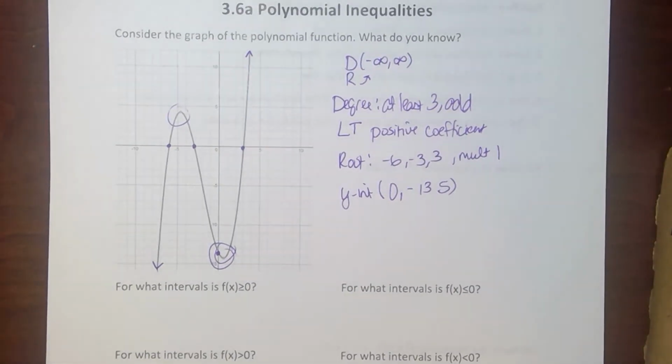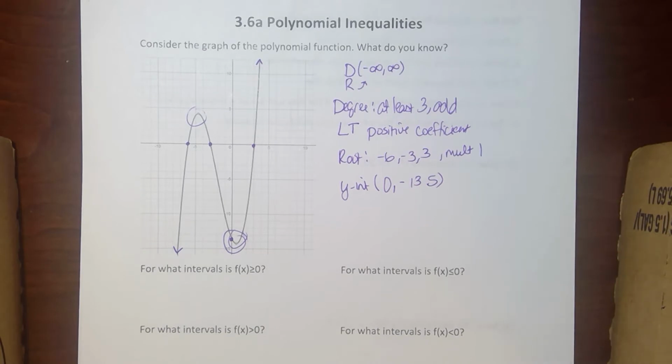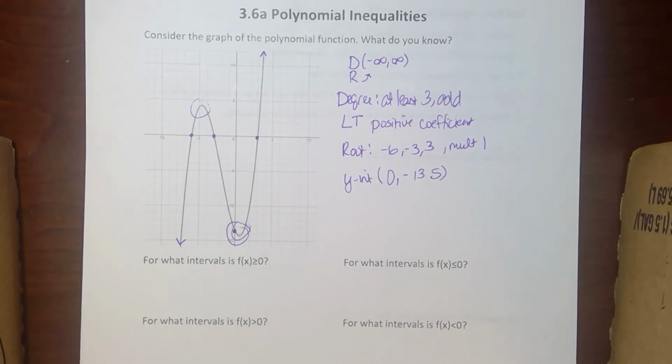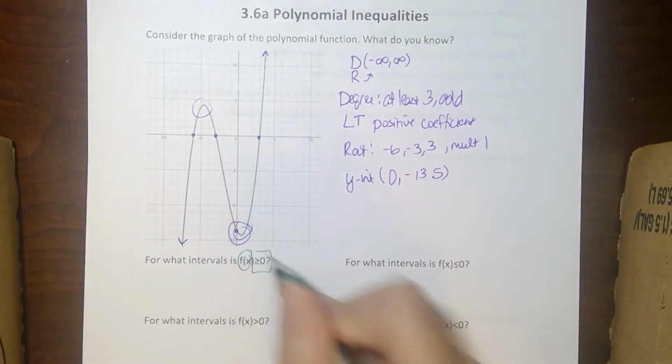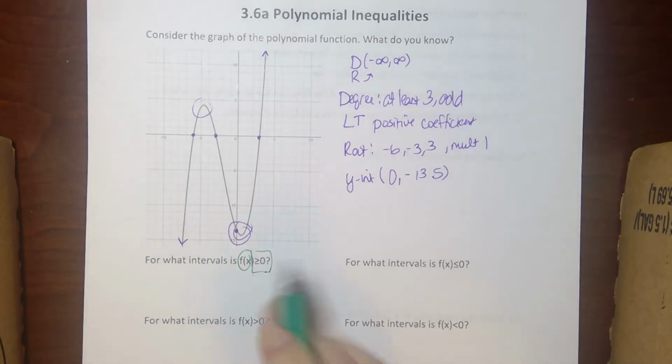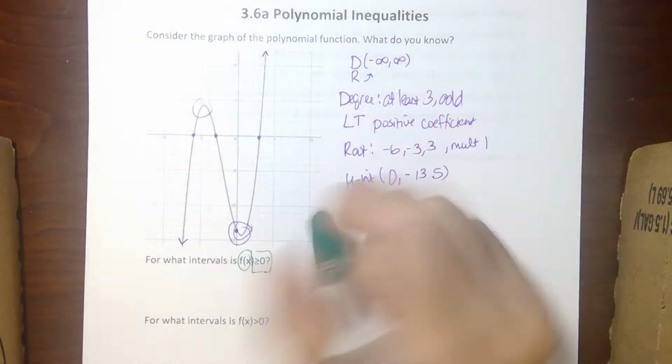Now we're going to talk about the graph in terms of inequality statements. For what intervals, and remember when I asked that question, I'm going to give intervals on the x-axis, and I'm talking about what y is doing. So for what intervals is my y value greater than or equal to 0? Well, greater than or equal to 0 means at or above the x-axis.